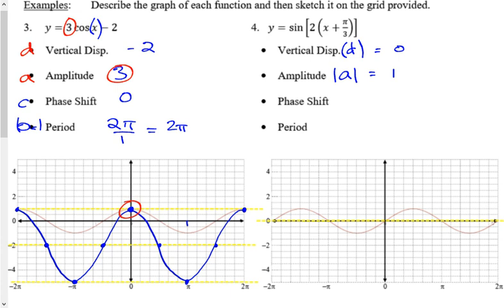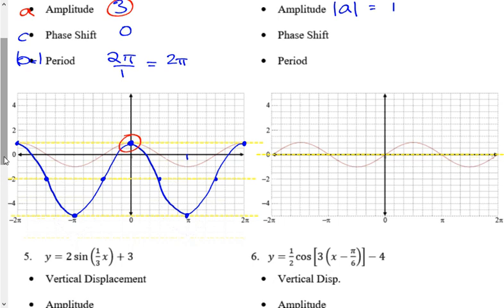So I am going to draw this dotted line for the maximum and for the minimum because it's helpful. Don't do a solid line. Solid lines, I'll assume, are part of the graph. So if you draw a solid line, I'll say, well, how come this is horizontal? If it's a dotted line, it's not an asymptote, it's just a guide to help us sketch.